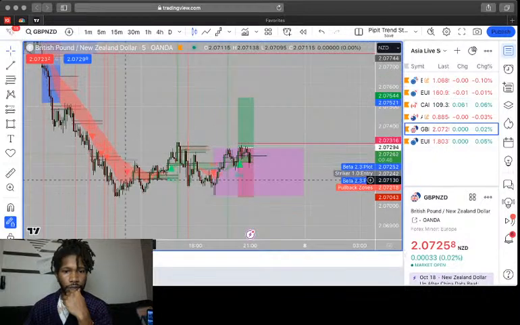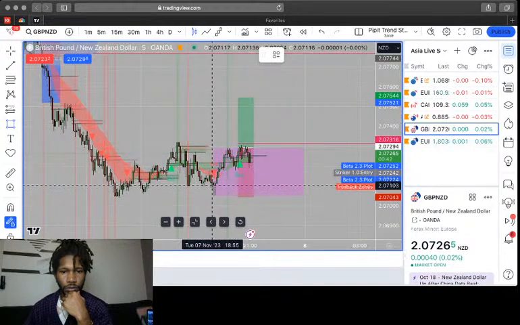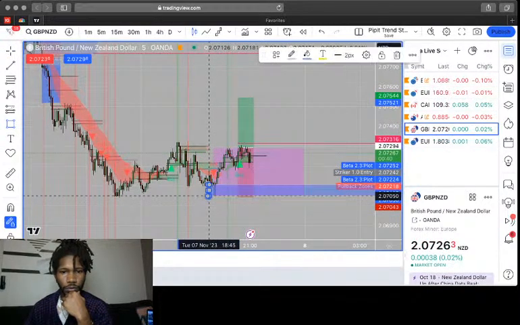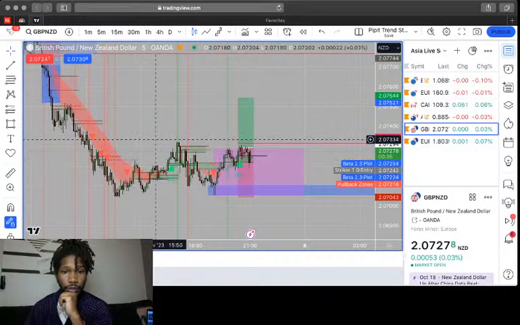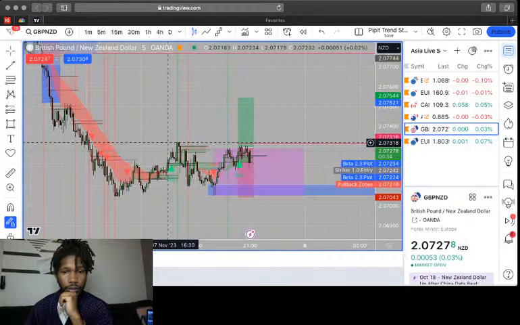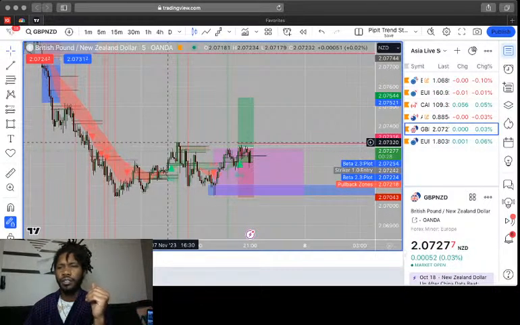We have all of these zones down here at this level. It could very well hold, but we just needed to break this high. We needed to break the high where my entries are. Oh, goddamn slippage.